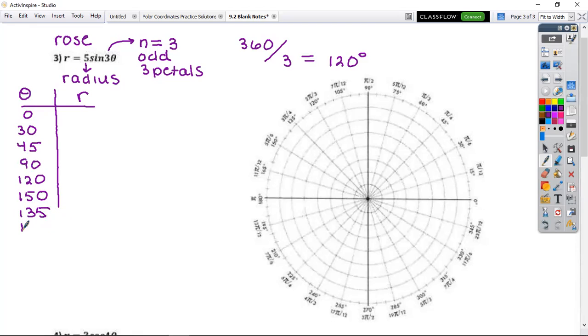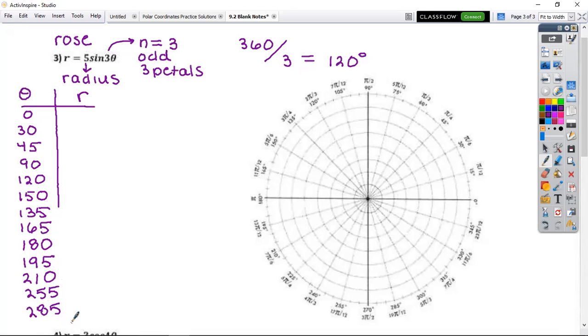And 165 and 180, a couple more. I'm going to go 195, 210, and then I think after a couple more you're probably going to see the symmetry anyways. I'm going to do 255, and I'm going to do 285. And again, you're going to pull those right off your calculator.